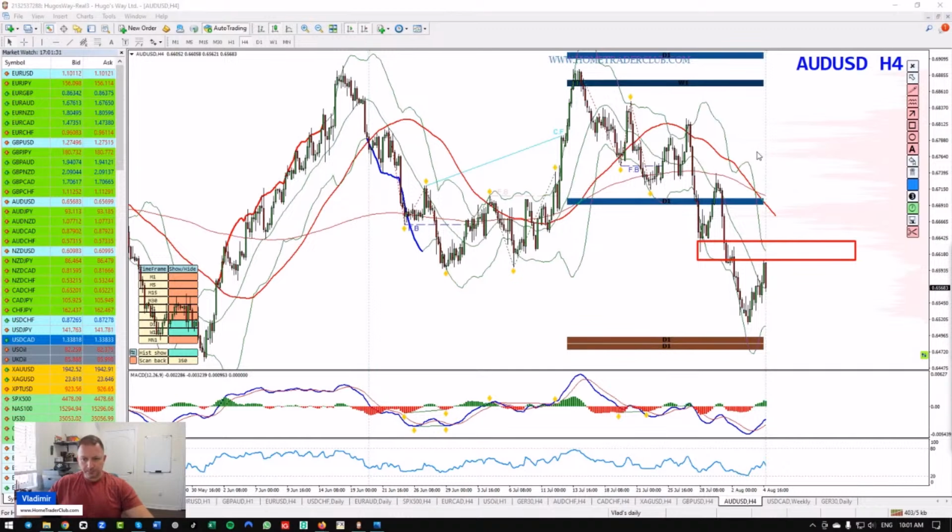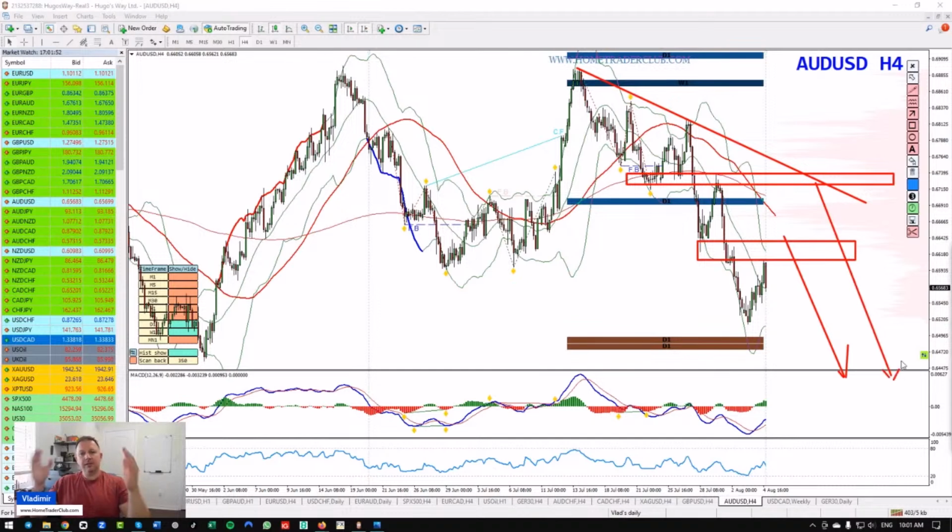It's a beautiful zone. And the next zone is here: broken support becomes a resistance, reject, and again hold. The key falling resistance lines go through that and connect the levels, and as long as they hold, I believe that the Aussie dollar here should be for further sell and continue making new lows.